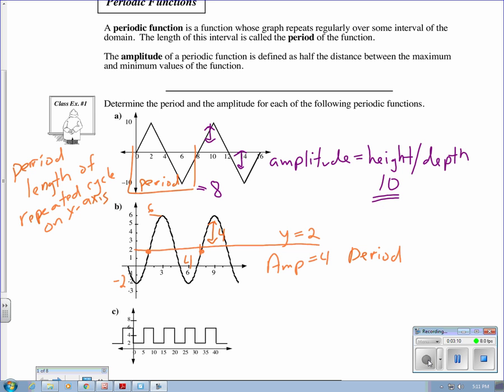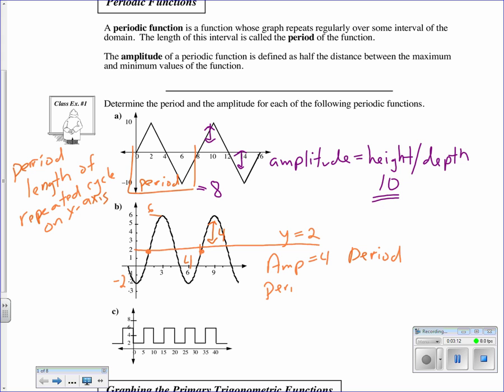So the period is from 1 to 7, which is a period of 6 units along the x-axis. We've got an interesting graph below. If you're in robotics, that's called a pulse width modulated graph, but we're not going to worry about that one.